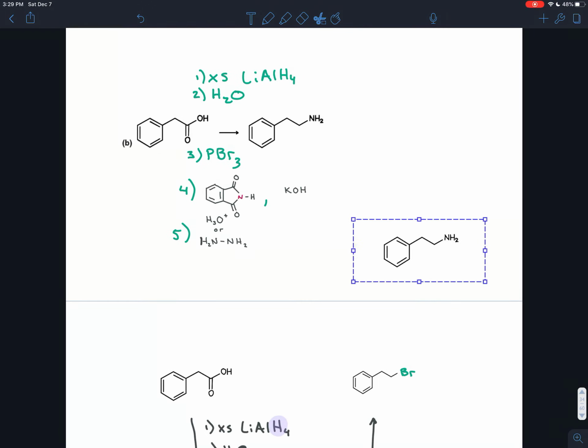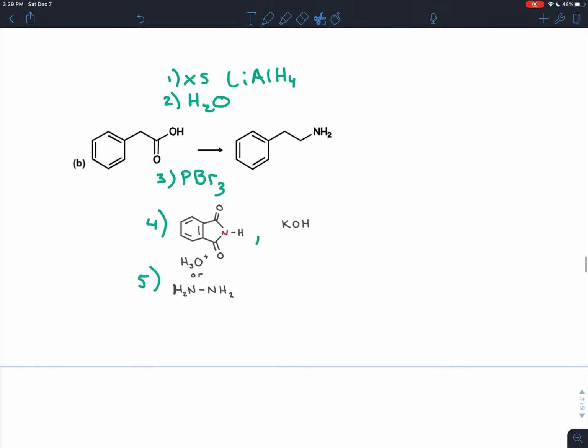And what we achieve is we turn the carboxylic acid into an amine.